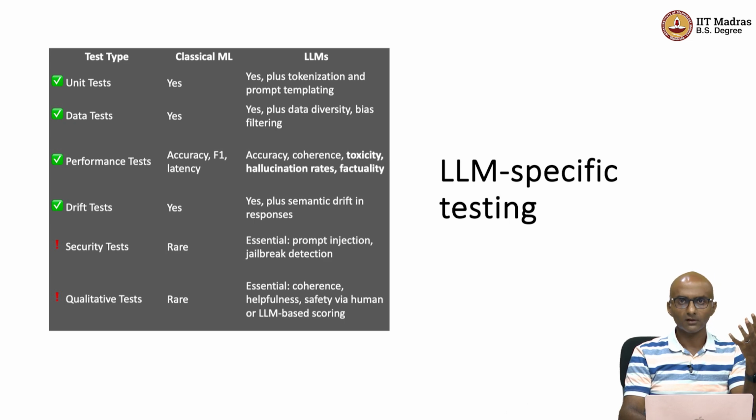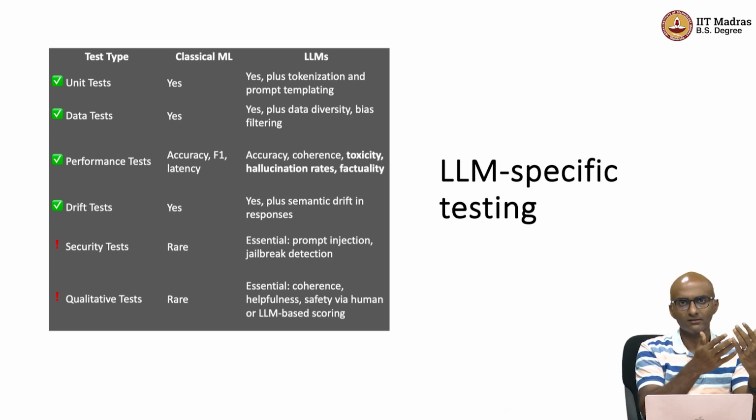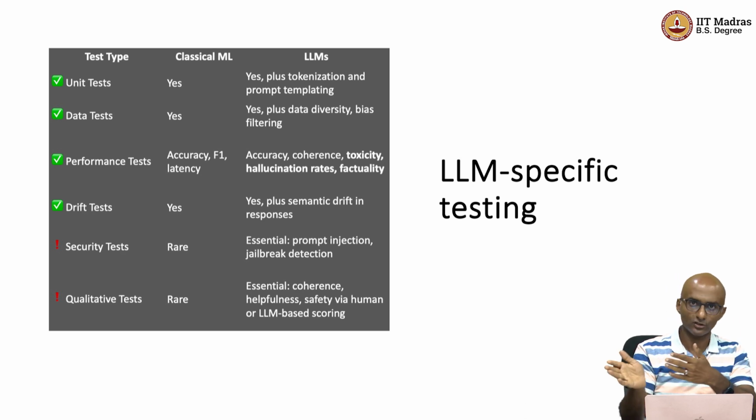Performance tests are important. That's what allows you to certify that the model is good to go. Accuracy, F1, recall, those kinds of metrics. Here, apart from those metrics, which you can still compute, by the way, for LLMs with known data sets, right? So you can say, for instance, for a factual question, if it gives back a factual answer, great, right? You can directly compare and say it matches your template answer, or it doesn't match your template answer.